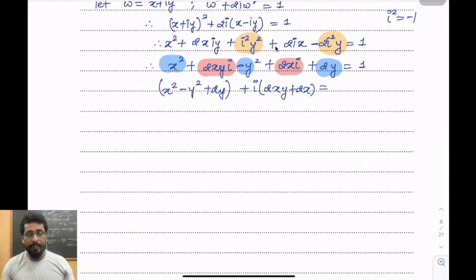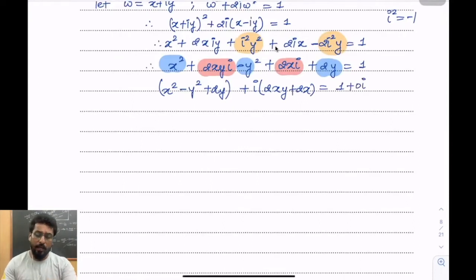Now you have an equal to sign in between. There is a left hand side and a right hand side. In the left hand side you have a complex number of the form u plus iv, so the right hand side should also be a complex number of the form a plus ib. So I have 1. Can you write that 1 as 1 plus 0i, right, students?